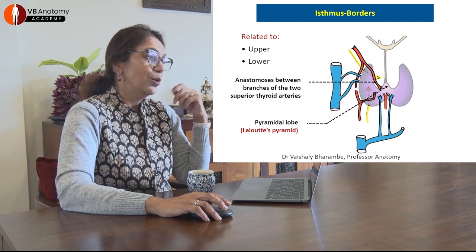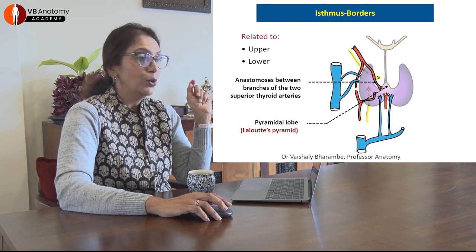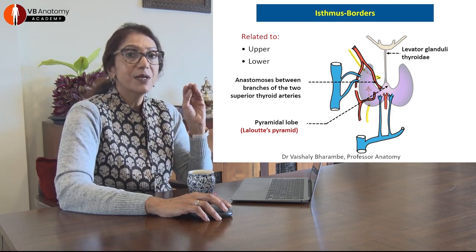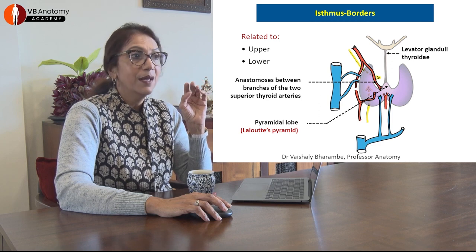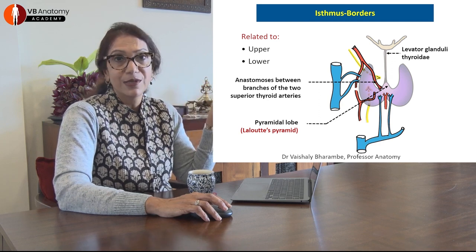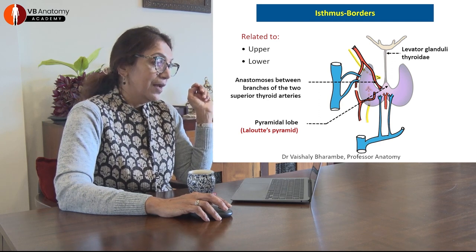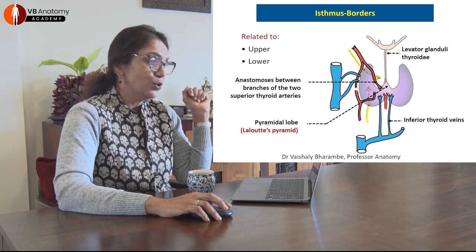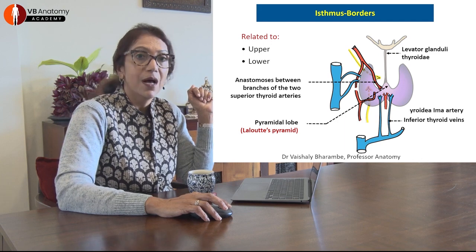Extending from the pyramidal lobe up to the hyoid bone, can you see levator glandulae thyroideae? Fibromuscular structure, a remnant of the thyroglossal duct. Inferior border shows inferior thyroid veins and shows presence of thyroidea ima artery.